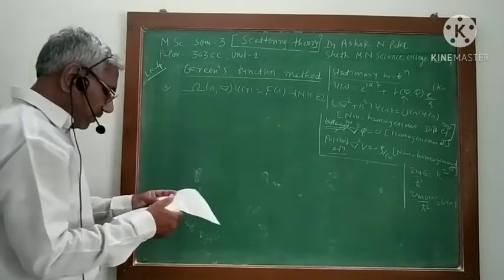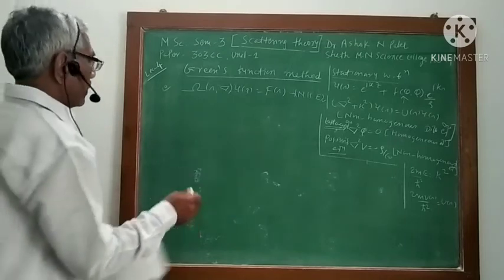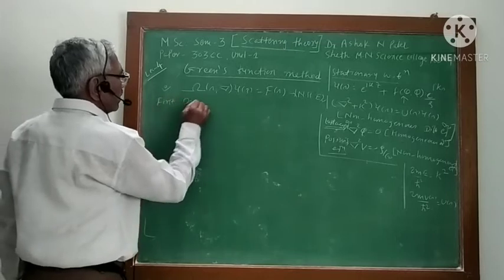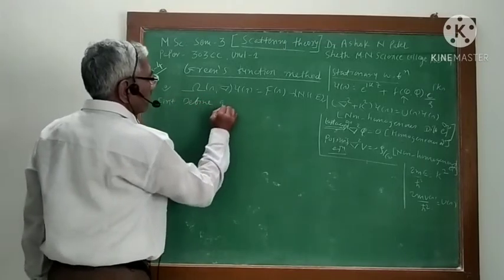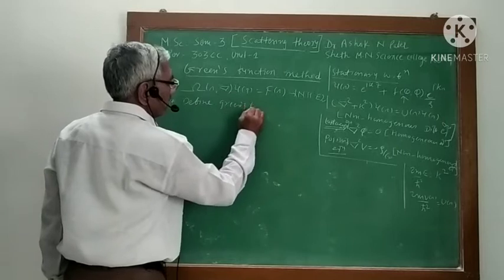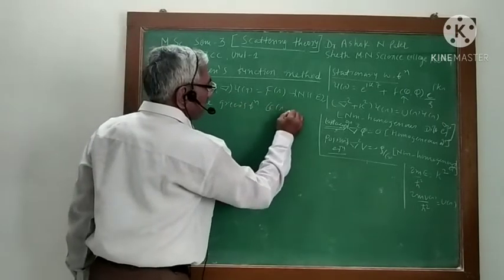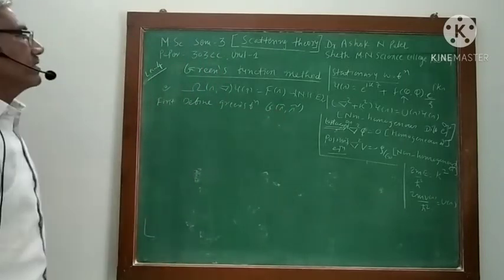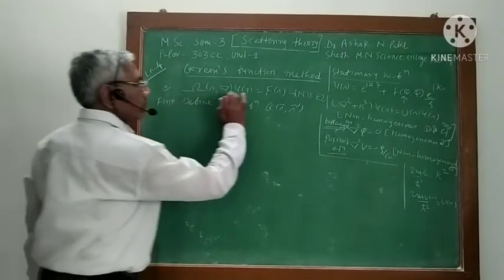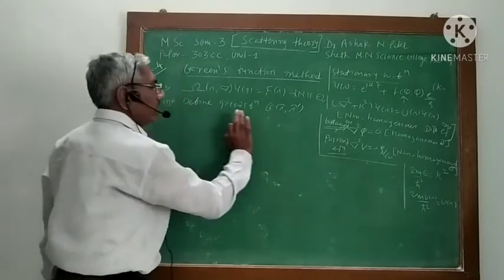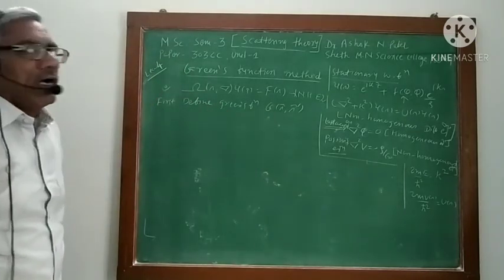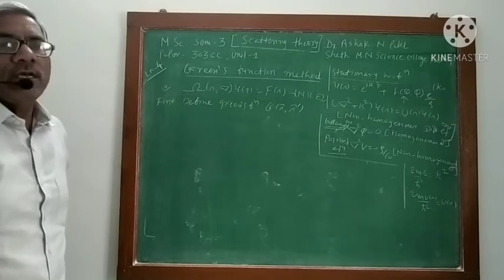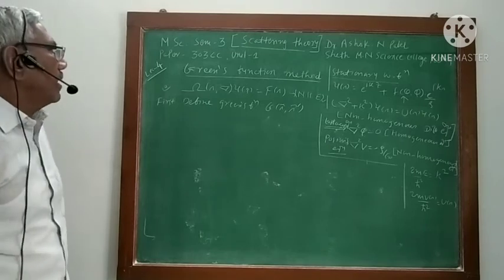We have to define the Green function G(r, r') first. How can you define the Green function? That is the problem, and that is the thing you have to understand.